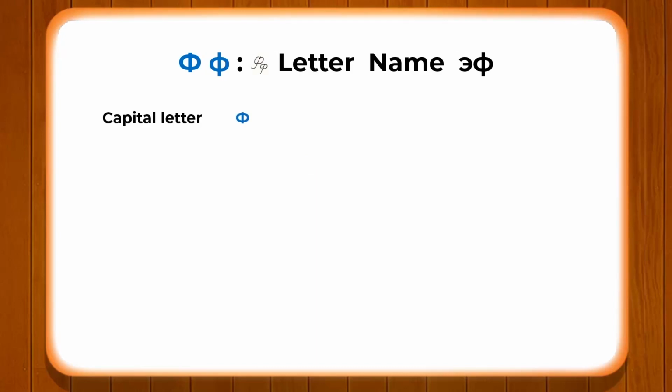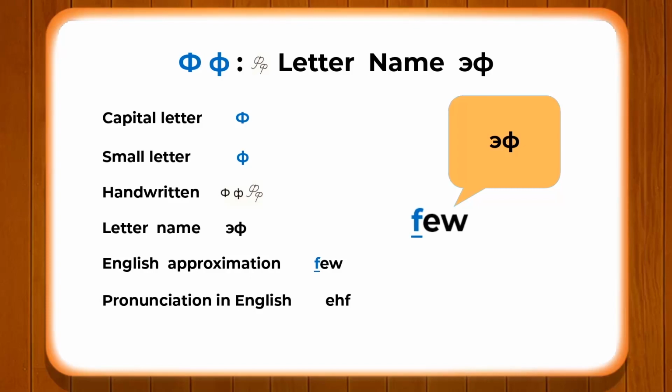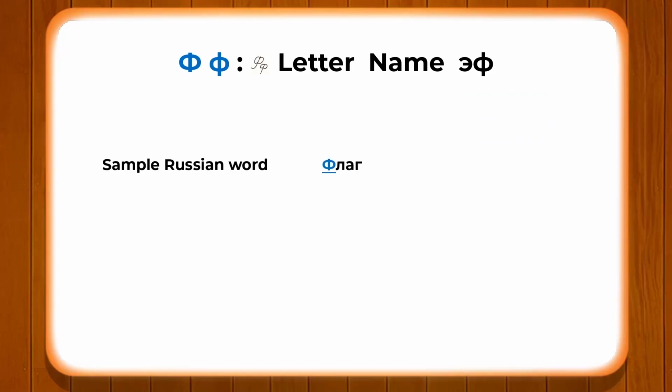Okay, so now this letter, which is very peculiar in the Russian language, is known as F, and we have certain examples with us. In English, we have used the word few, where you have this particular sound of the letter F. But in the Russian sample word, we have exactly the same sound as in the word flag, which means flag, and there you can also see the flag of the Russian Federation.